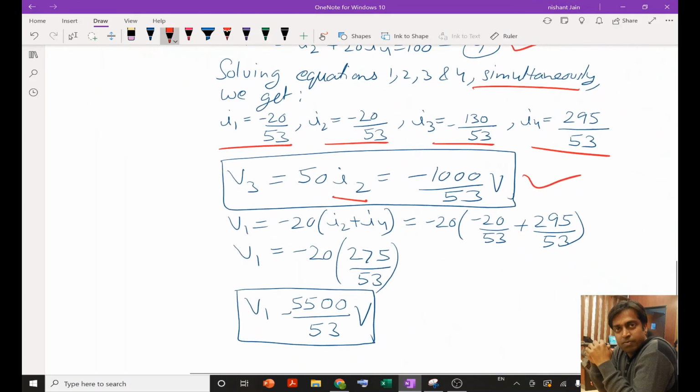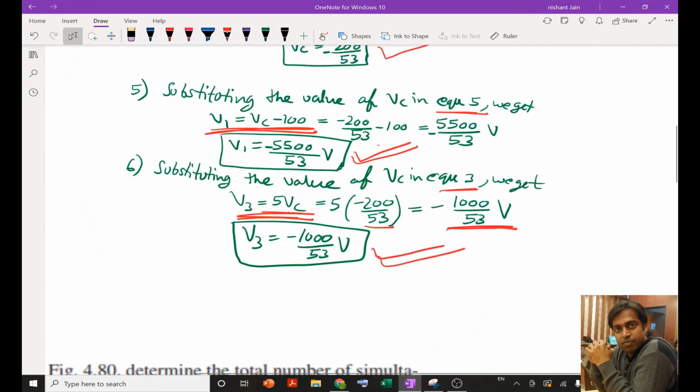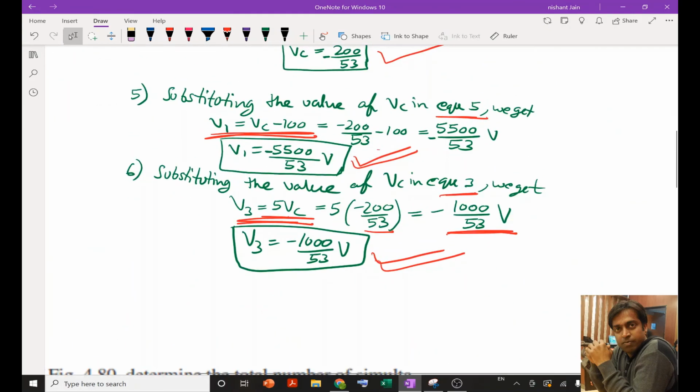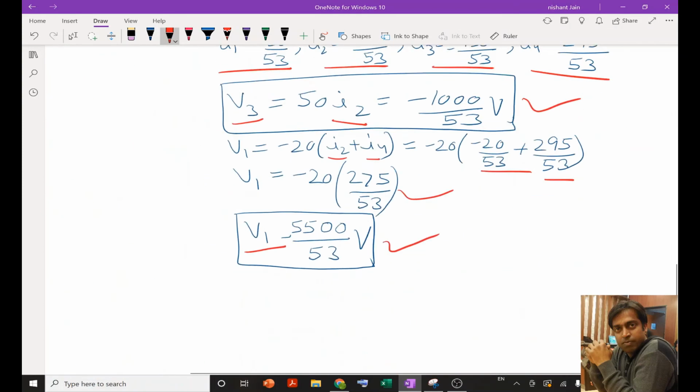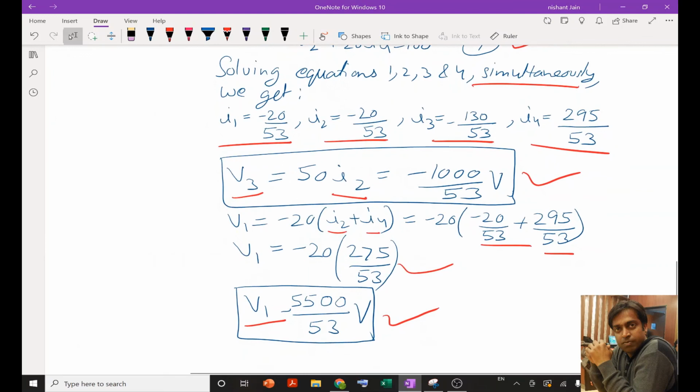Substituting the values of I2 and I4, this and this, I will get this, and finally the value of V1 is equal to this. And now you can see the value of V1 obtained through mesh analysis as well as through nodal analysis, both are the same.